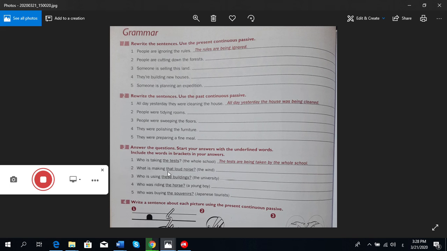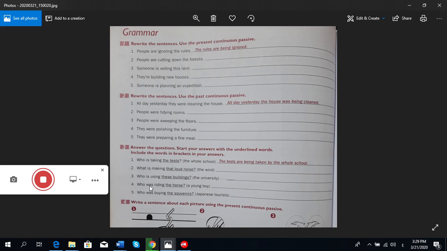Okay. Let me just explain the first one. Who is taking the tests? The tests, okay, how can I know that this is present or past? By here. Is, present. Was, past. So the question decides which rule I use. Here is, so I will follow present continuous passive.